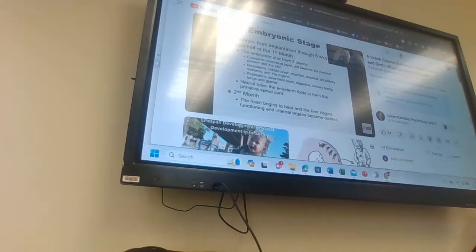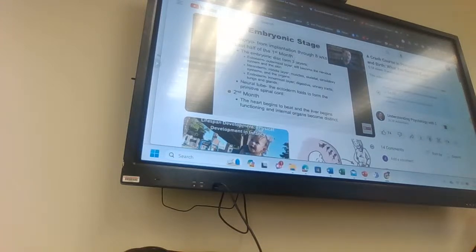So we have the ectoderm, ecto being outer, derm being skin layer. So this is going to become your skin and your nervous system. Then we have mesoderm, meso being middle layer. This is going to be your muscles and organs and so forth. And then we have the endoderm, endo being innermost layer. This is going to be your digestive, urinary tract, lungs, and glands.